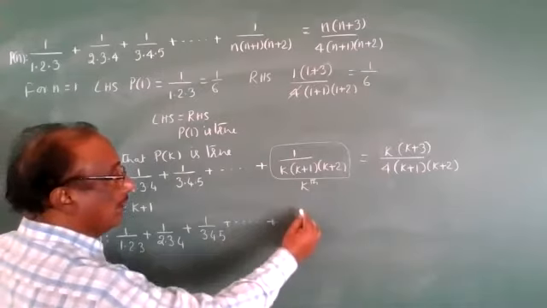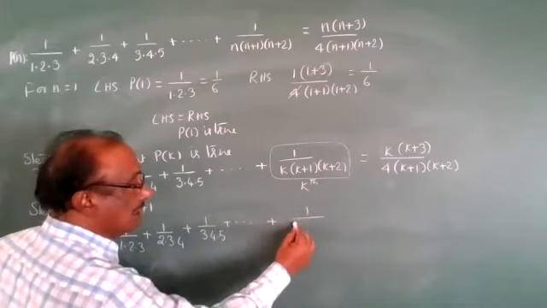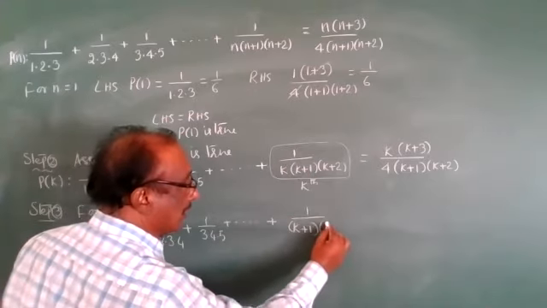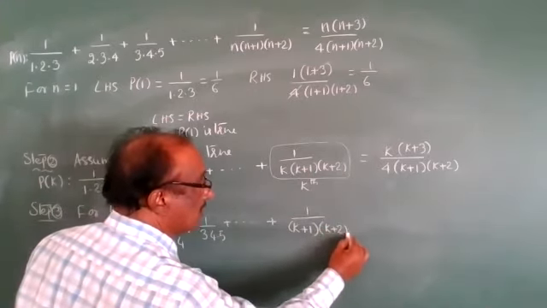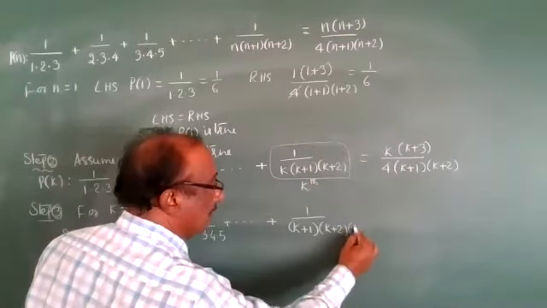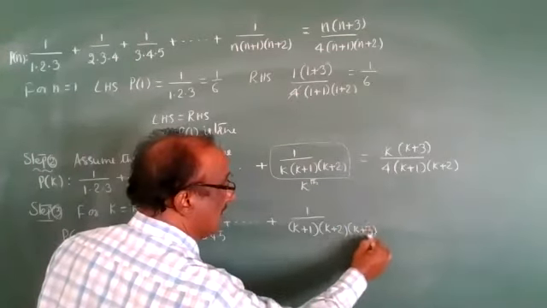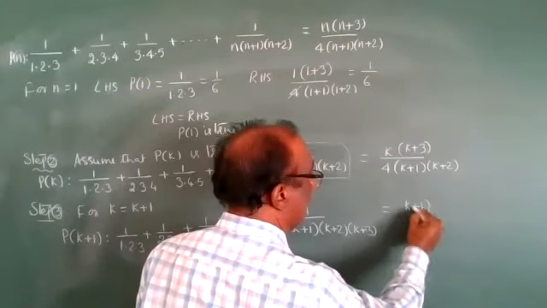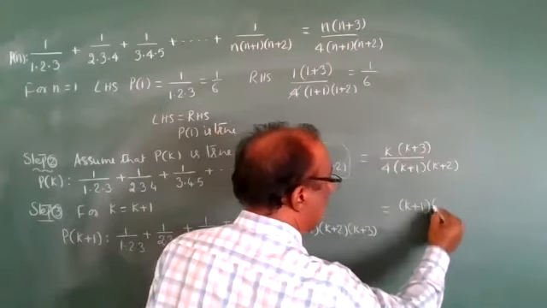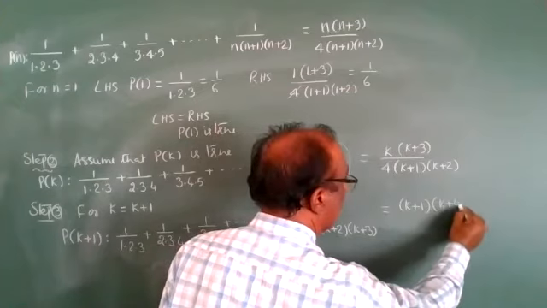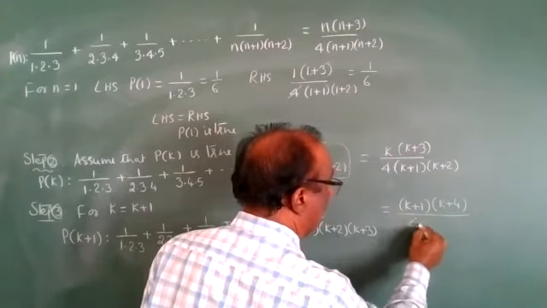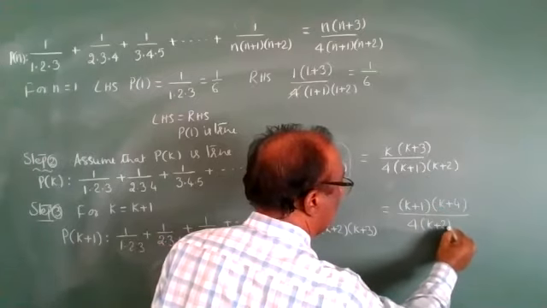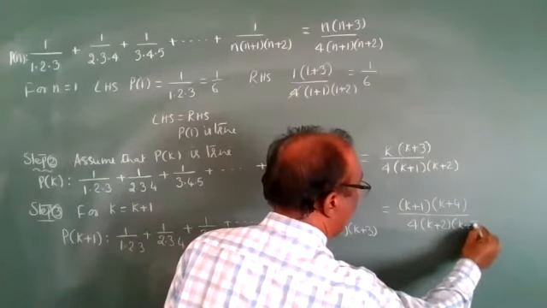Dotted, the k plus 1 number: k place k plus 1, k plus 1 plus 1 is k plus 2, k plus 1 plus 2 is k plus 3.